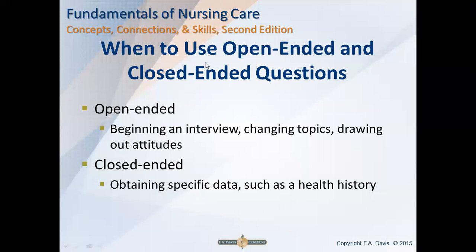So when to use open-ended and closed-ended questions. I already explained what an open-ended question is and what a closed-ended question is. Open-ended questions we always ask at the beginning of an interview, when changing the topic, or drawing out attitudes. So we do not change the topic suddenly.